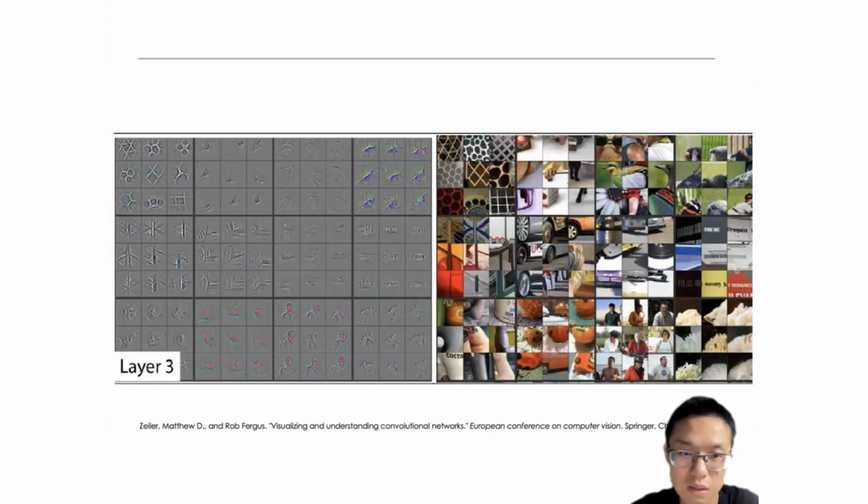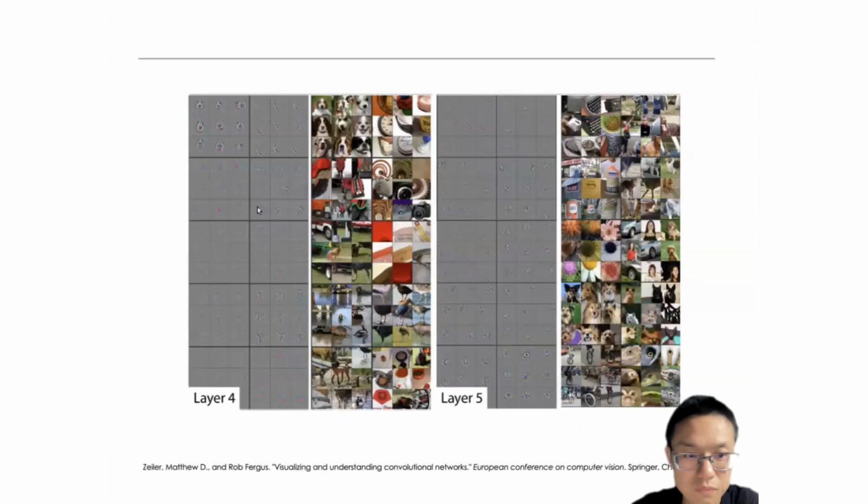So this can get more complex as we build deeper layers, and those features can be picked up. This is layer 4 and layer 5. You can see we are able to extract some high-level, more complex features from the image.